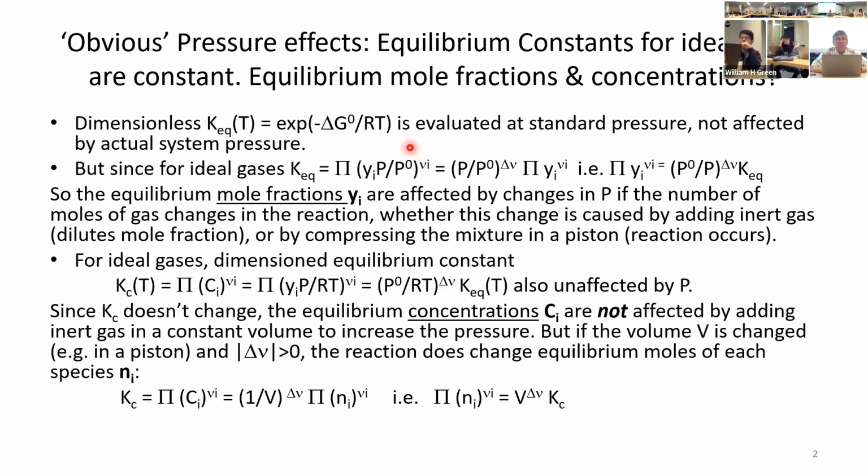And if you multiply this through, the ratio of the true pressure of the system compared to the standard pressure survives if delta nu is not equal to 0. So if you have a change in the number of moles of gas, then you have a pressure effect here, but the K doesn't have pressure dependence. So therefore this part has to also vary with the pressure in order to compensate.